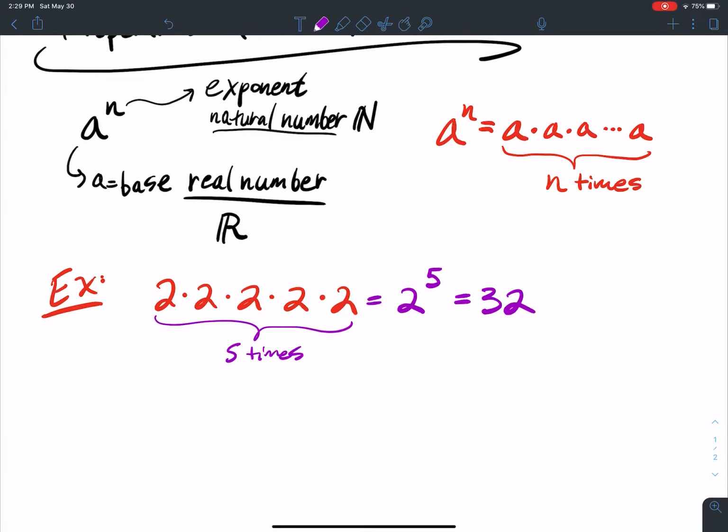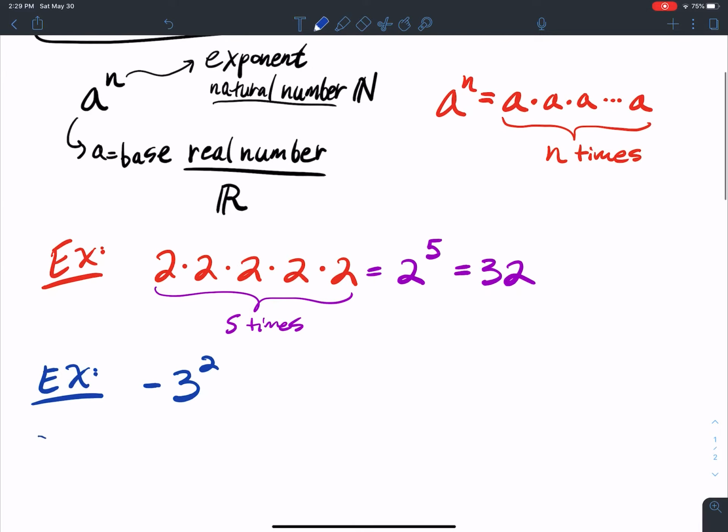Now, got to be careful with negatives. Very tricky here. So if you see -3 squared, the negative is not in the parentheses. That's a different problem than -3 quantity squared.